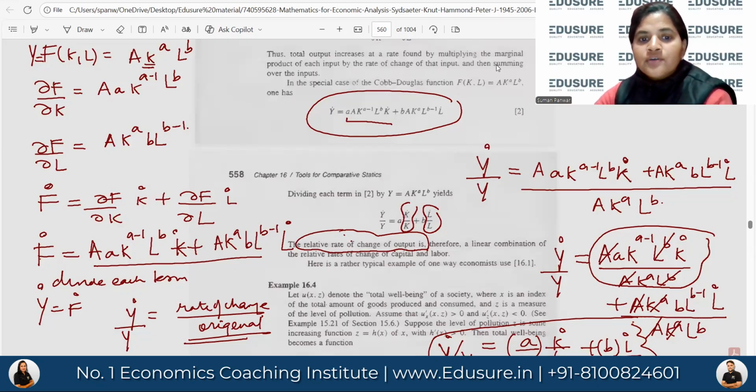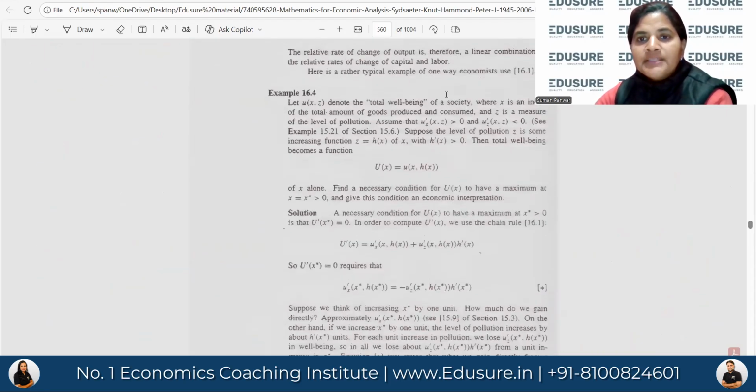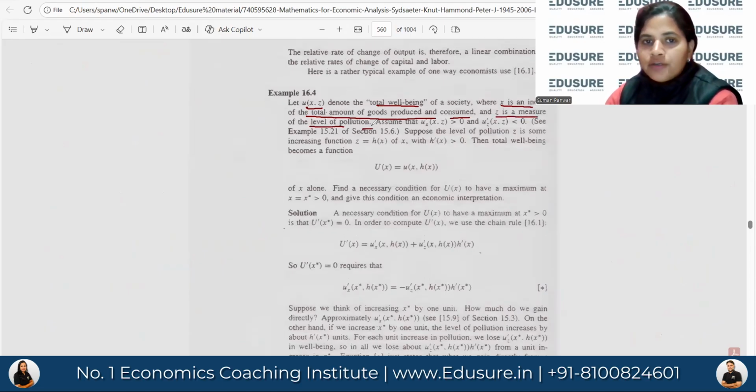Okay, so let us look at example 16.4. Let U(x, z) denote the total well-being of a society, where x is an index of the total amount of goods produced and consumed, and z is a measure of the level of pollution. So U(x, z) is the total well-being.